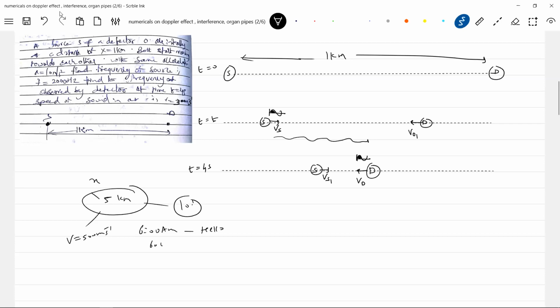So you hear it at 6:00:10, after 10 seconds. If you have heard hello at that time, then I would have said it prior to that. The same thing: at 4 seconds, if I hear the sound, it should have been generated prior to that. So what is this distance? Distance moved by the source, distance moved by the detector.